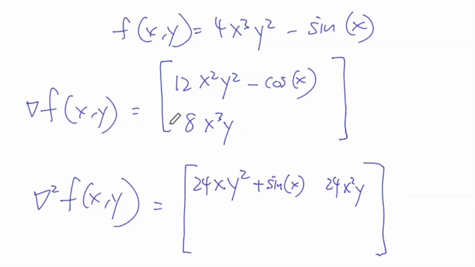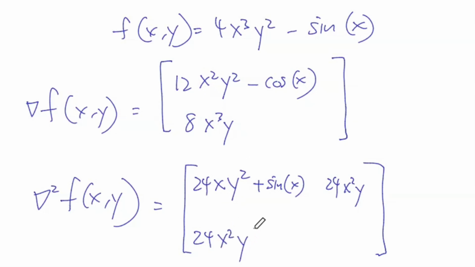Then this one, which you derived over y just now, now you derive over x: 8 times 3 gives 24 x squared y.